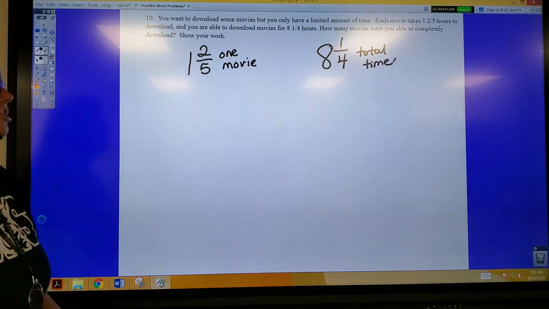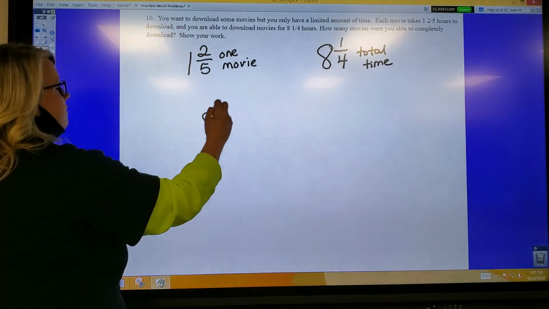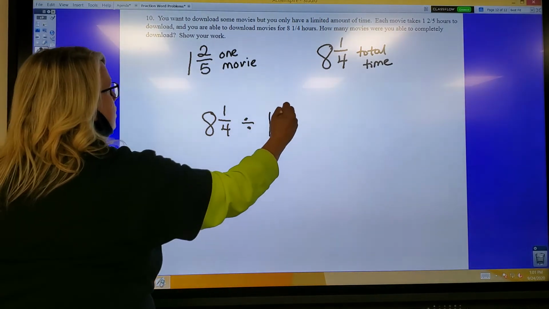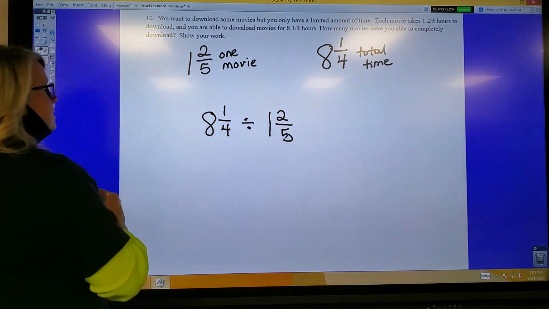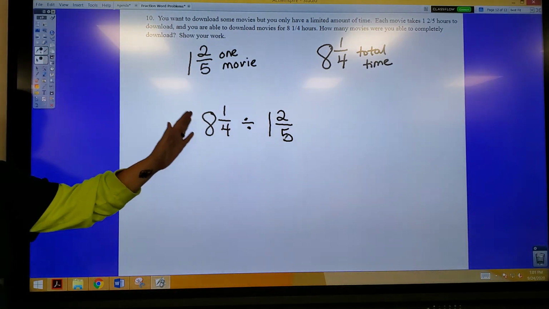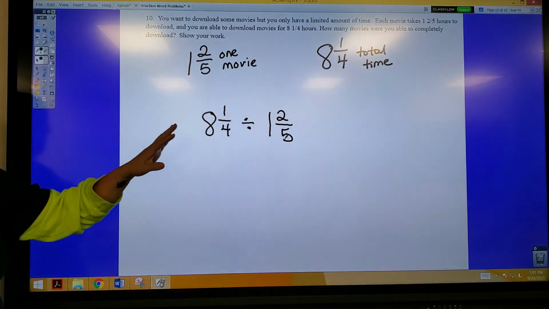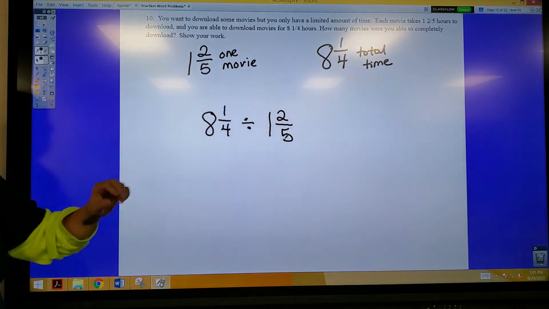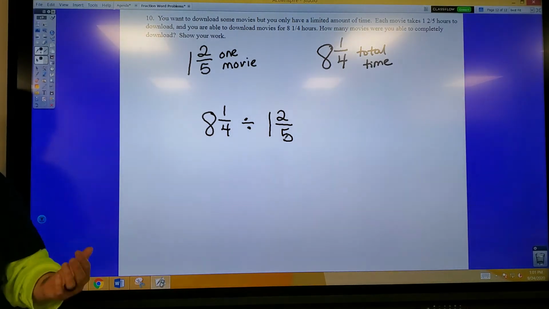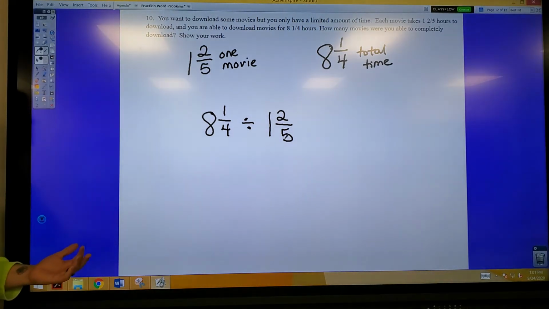That would be division. Taking our 8 1/4 hours and dividing it by the 1 2/5. Now we have done this type of problem where we've left it in fraction form, so you can absolutely leave it in fraction form if that makes you happy. However, you can also write it in decimal form and then use your calculator, which I think is probably going to be the easier method for most people.